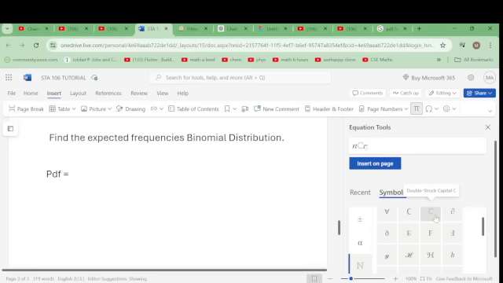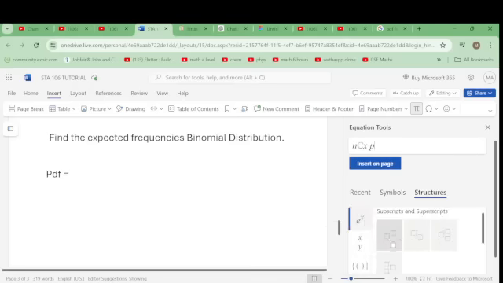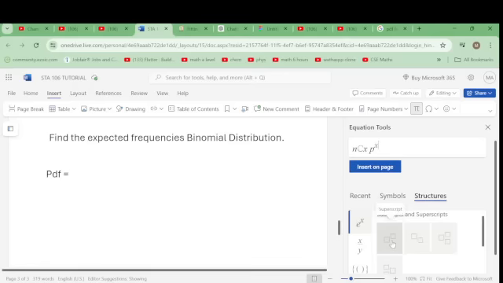No, small letter r. No, x. We use x for this one. nCx times p raised to the power x, times q raised to the power n minus x.